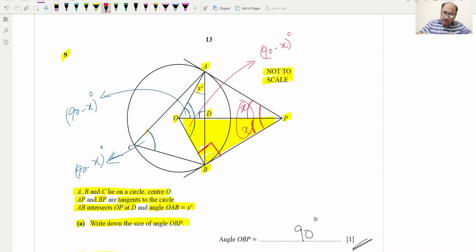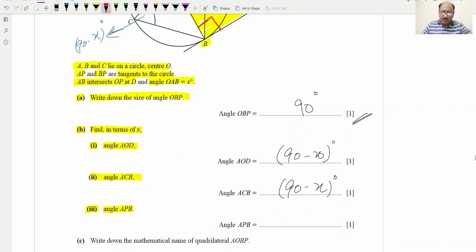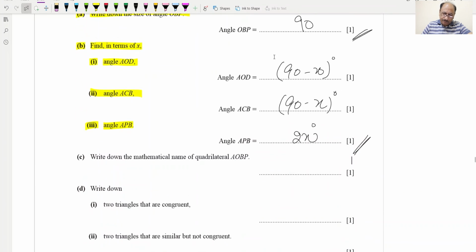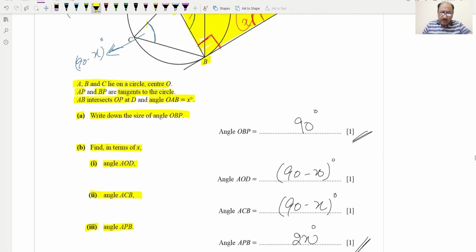So if we add these two, it adds up to 2x degrees. This will be a one mark question. Hopefully you understood this.